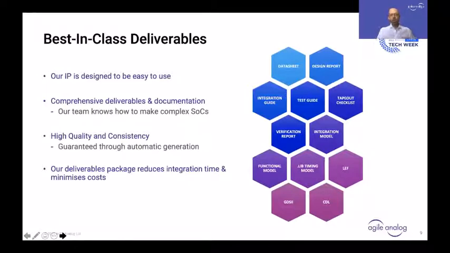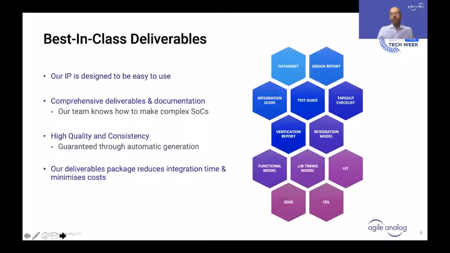So the automatic generation process means that all our deliverables are generated from a single source, which is the customer specification, right? This means that you do not have errors which could show up at integration, which are typical errors that you would see from a manual process, such as pin names not matching or even pin directions not corresponding on different views.